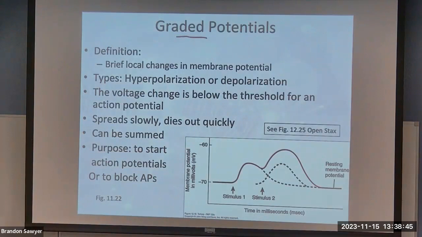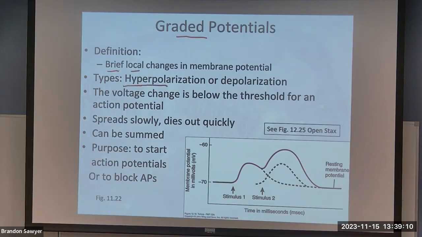Okay, so graded potentials are different than action potentials. Graded potentials are defined as this: a brief local change in membrane potential, meaning that it goes in the positive direction or the negative direction, just kind of briefly, and it doesn't spread, it just stays right in that area. Okay, and so we have two different types. It can either go in the more negative direction, which would be hyperpolarization, right?